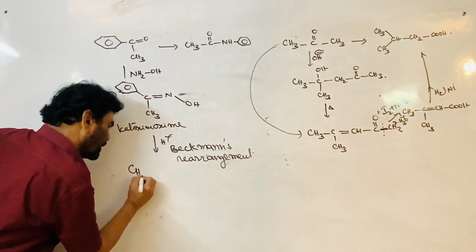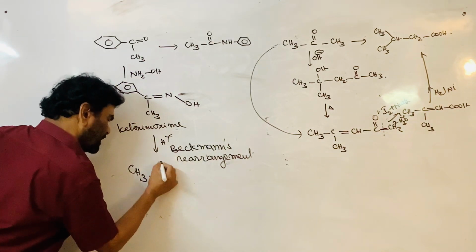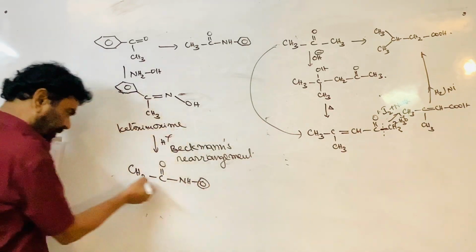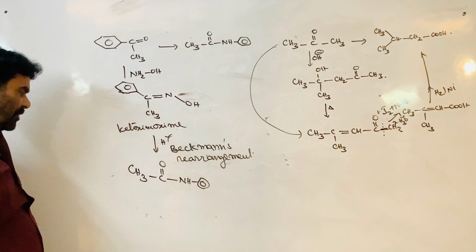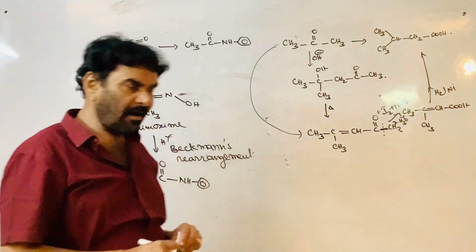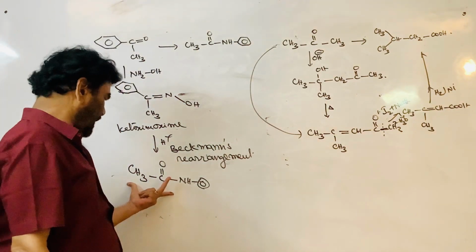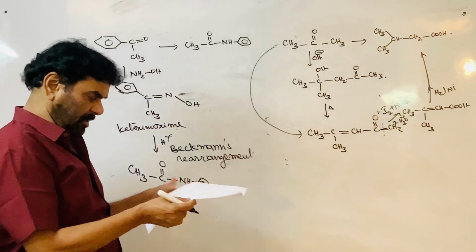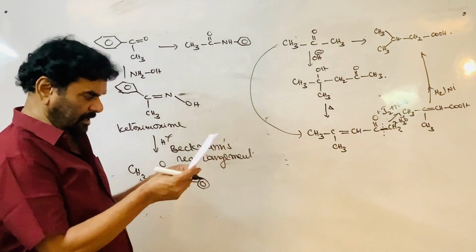Now ultimately you get the one step isomerization: N-phenyl ethanamide, acetamide. Phenyl amides are called anilides. It is called acetanilide. This product is formed.